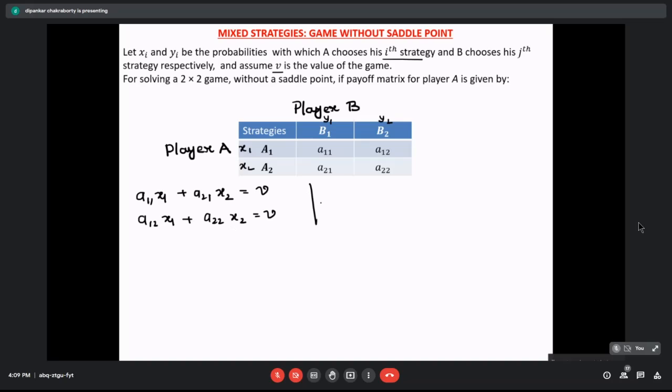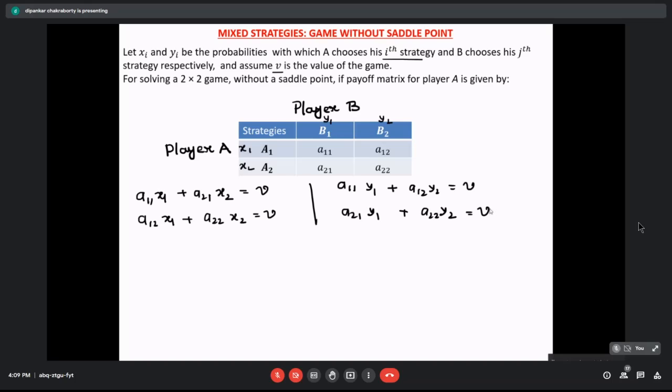Similarly, it can also be said that a11 y1 plus a12 y2 is equal to the value of the game, and a21 y1 plus a22 y2 is equal to the value of the game.